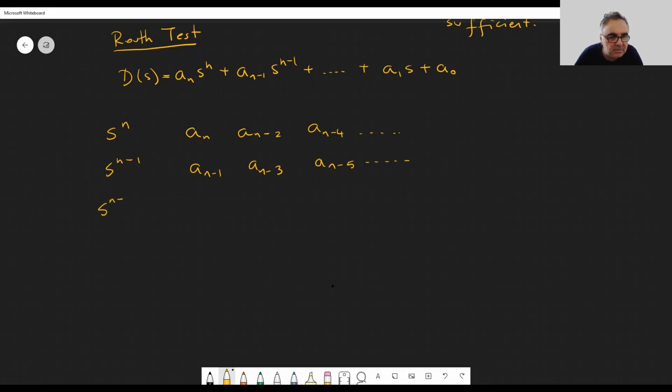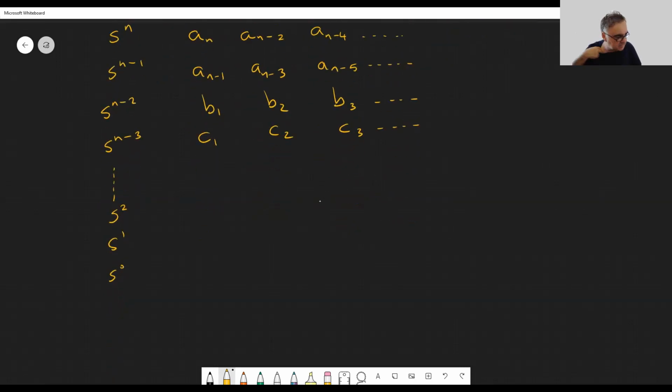Let's say s^(n-2), s^(n-3), and you go on like this, s squared, s to the 1, s to the 0. Now, let's call this row B1, B2, B3, etc. And you have C1, C2, C3, etc. It won't be this big usually, and this will go on like this.